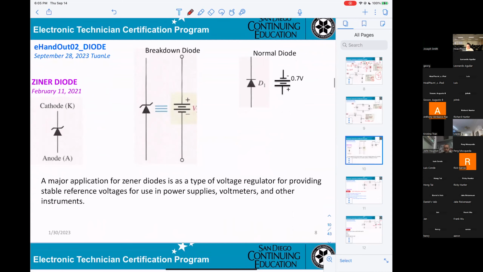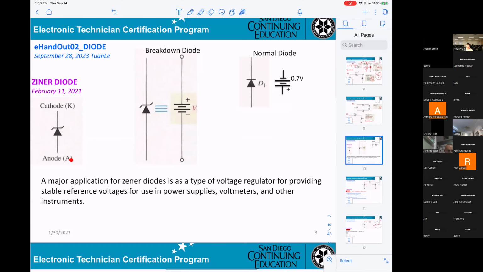So we have already talked about the normal diode. Now we go to the next one. What we're talking about now is the Zener diode. This is the symbol for the Zener.